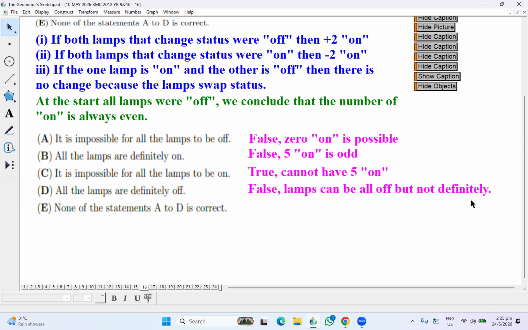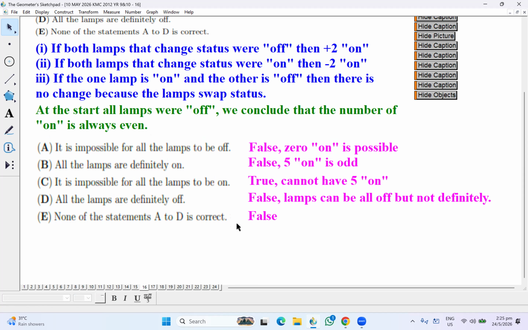You can have 2 on, so all lamps definitely off is false. So none of the statements A to D is correct is false, because C is true. So that's how you must realize it's a parity question. Odd or even. They ask it in different ways.